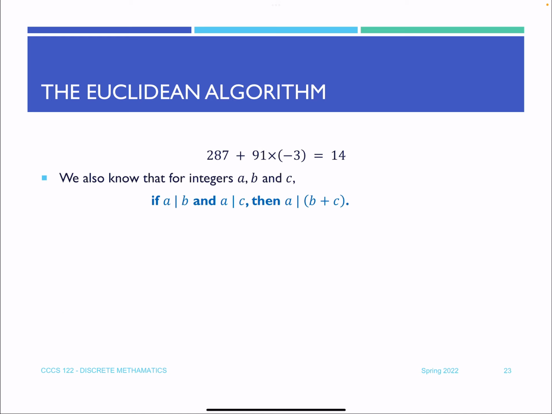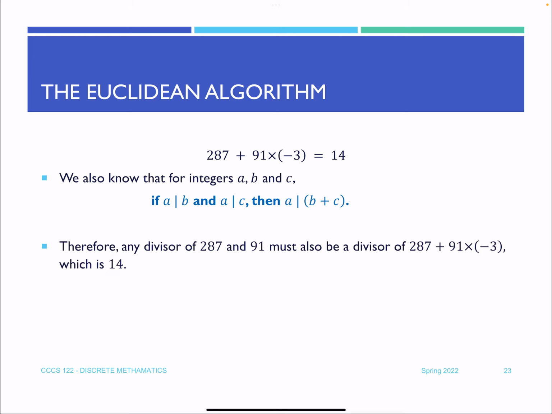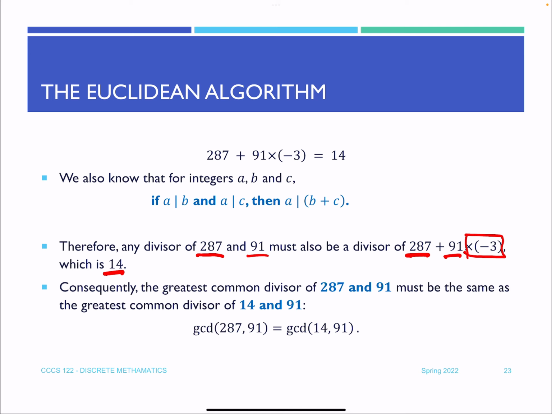We also know that for three integers, if a divides b and a divides c, then a also divides b plus c. And therefore, any divisor of 287 and 91 must also be a divisor of 287 plus 91 times any integer multiple, 14. So for that reason, the GCD of 287 and 91 must be the same as the GCD of 14, that remainder that we had, and 91.